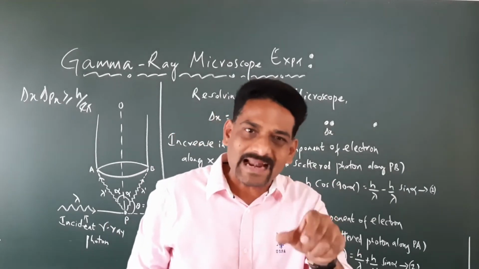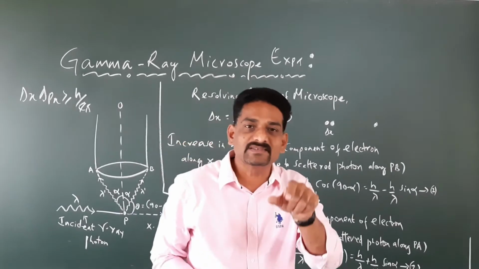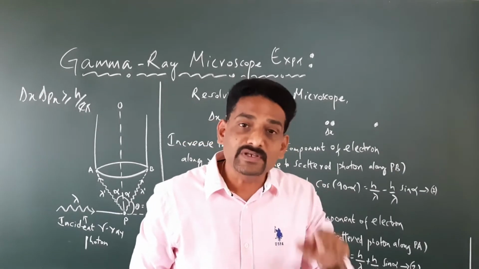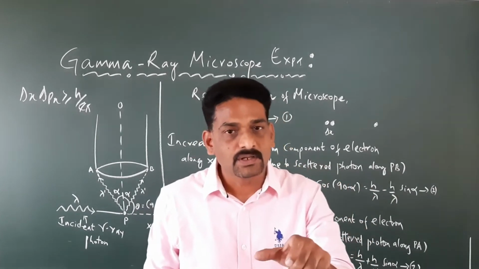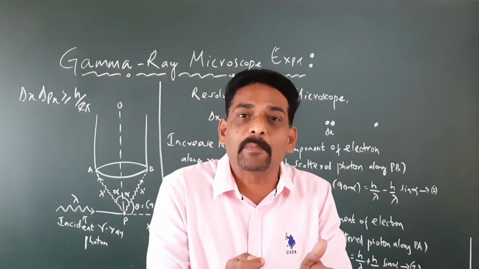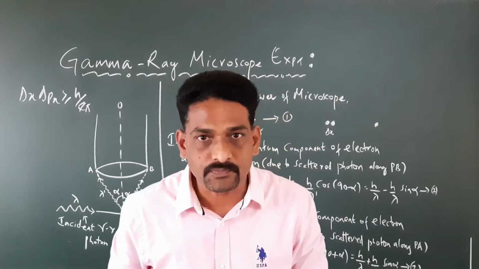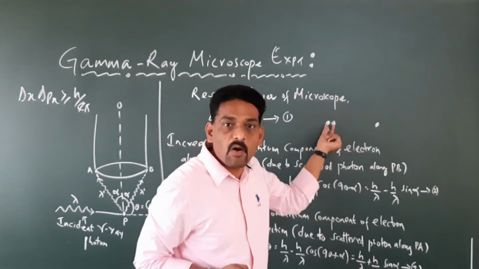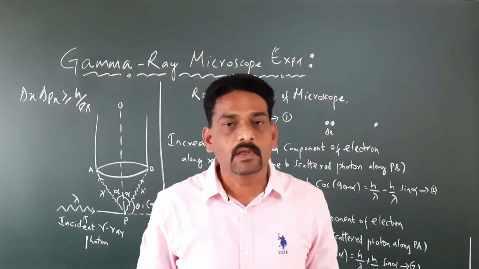Delta x is that minimum distance till which one can see the two objects as separate. So we say resolving power is the minimum distance till which one can see the two objects as separate very clearly. For my eye, this is going to be the resolving power: till this distance I can see the two objects as separate.